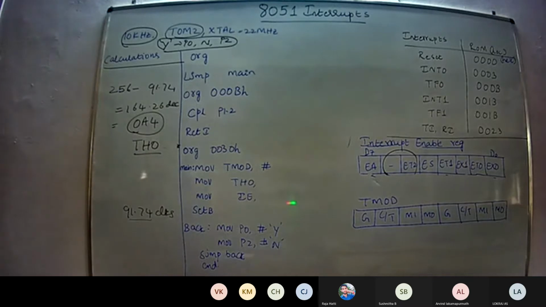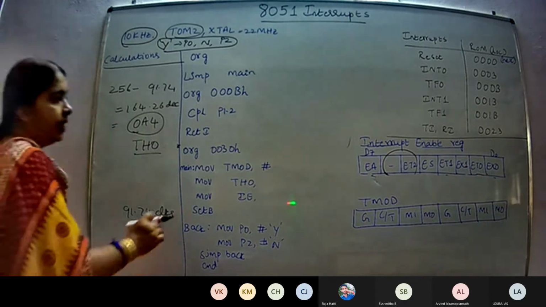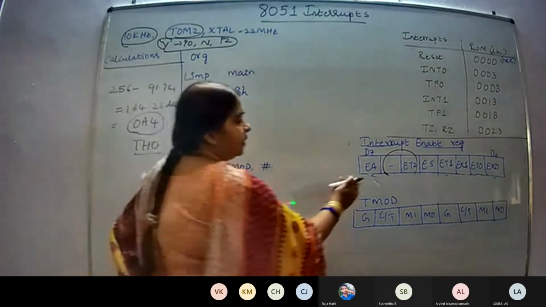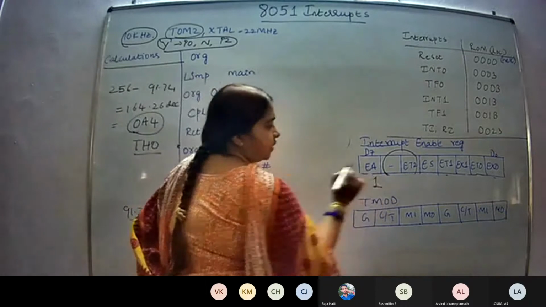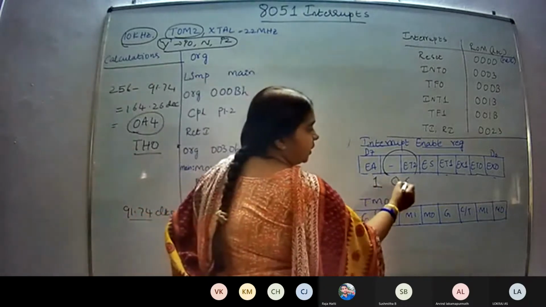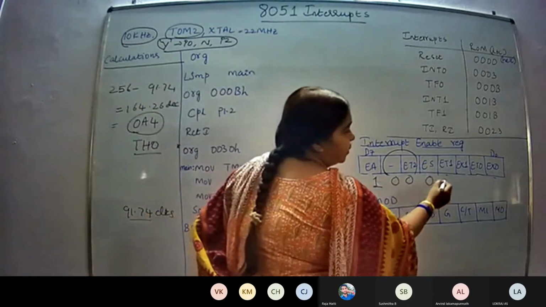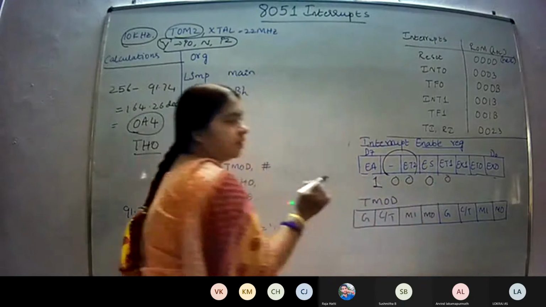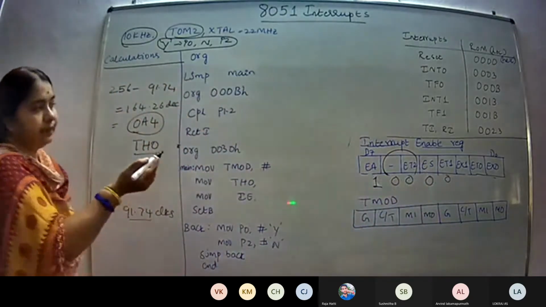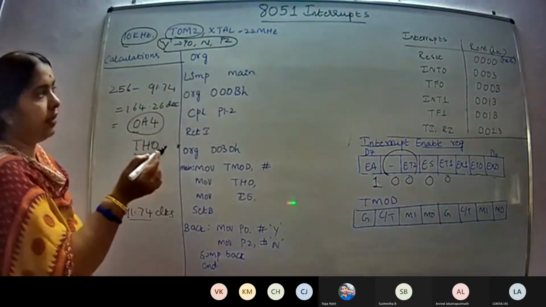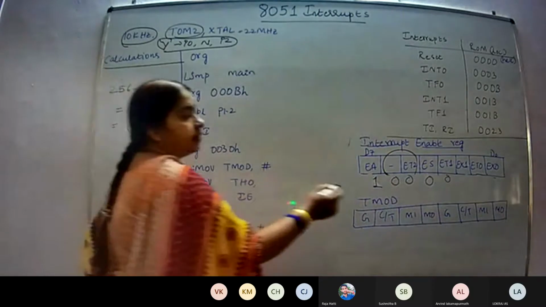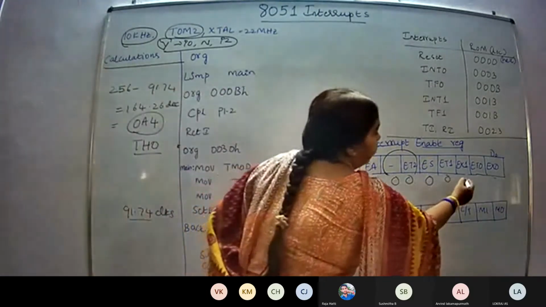Now the interrupt enable register. The first bit should be 1 compulsorily. Okay, these both are 0. Serial communication is not required. External interrupt 1 also is not required. Timer 1 is not required.